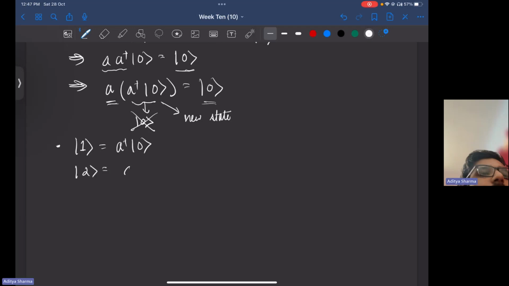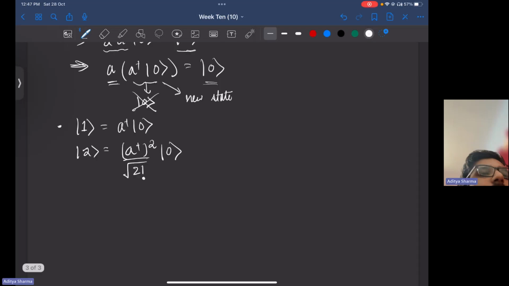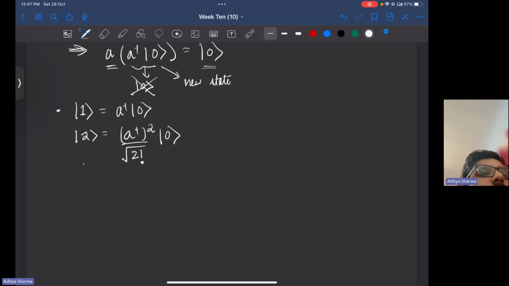For the second state, you act again, but now you also require a normalization. The normalization is again found using the commutation relation, and you get this. So your |n⟩ is just a dagger acted n times, over the square root of n factorial.